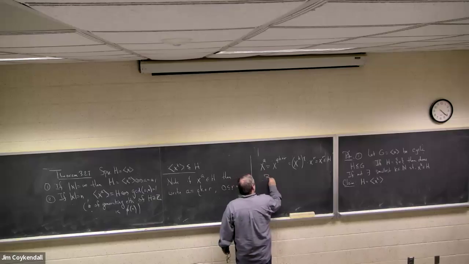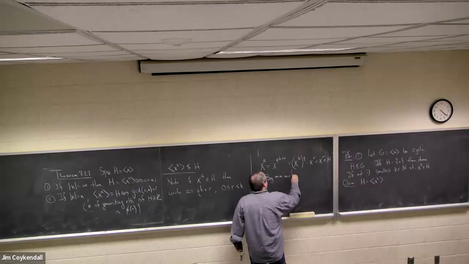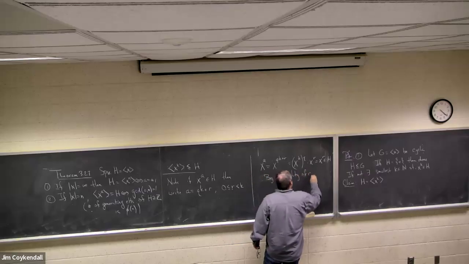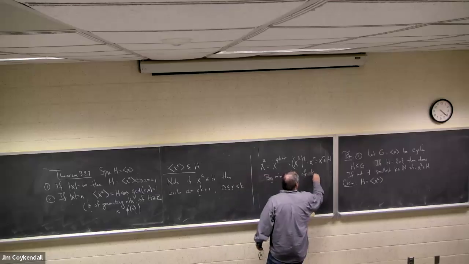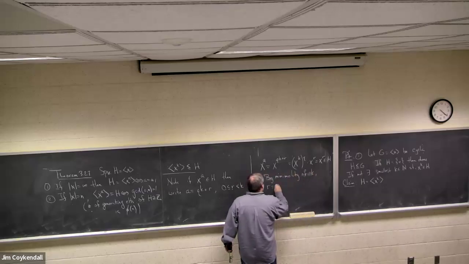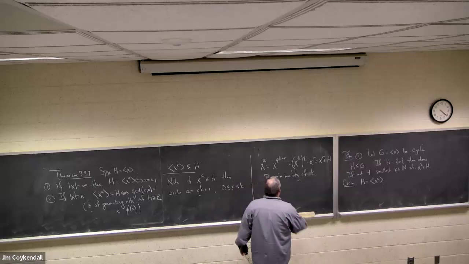By minimality of k, r must be 0. It can't be positive because k was the smallest exponent that was in there.